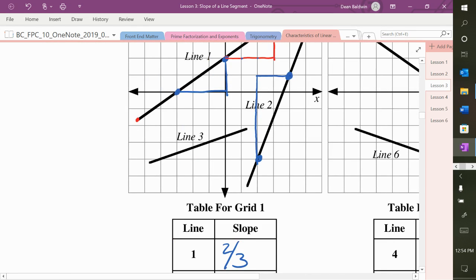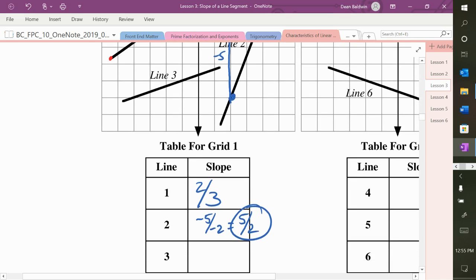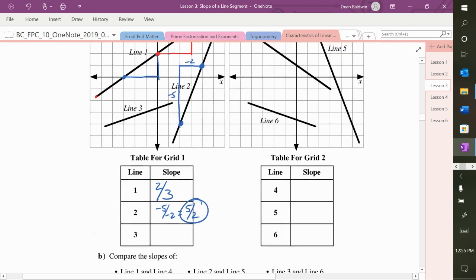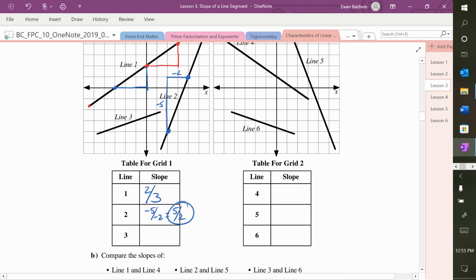So if I start here and go left, that's -2, and then I go down, that's -5. It's going to be -5 over -2, which is just 5 over 2. Remember yesterday how there's the answer's negative? No, 2 negatives cancel. You can have a negative slope, as we're going to see in a sec.